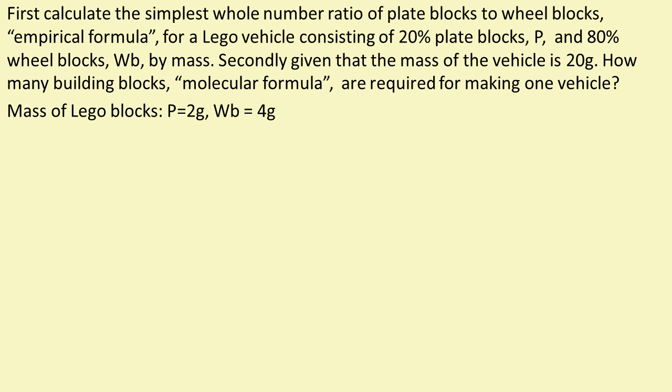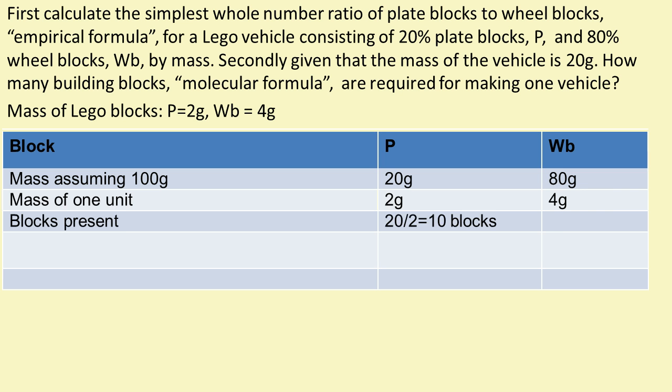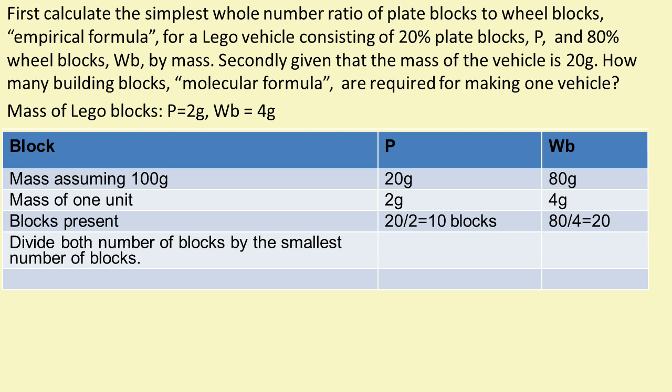First, assume you have 100 grams of total mass. Then calculate the number of plate blocks and wheel blocks present. Now work out the simplest whole number ratio of plate blocks to wheel blocks by dividing the number of blocks through by the smallest number of blocks calculated to be present in 100 grams. This gives us a ratio of 1 plate block to 2 wheel blocks.